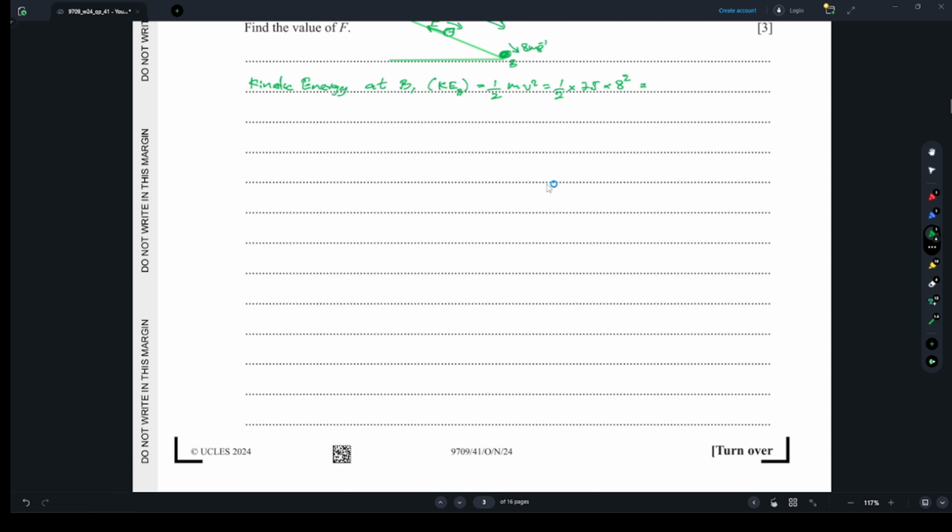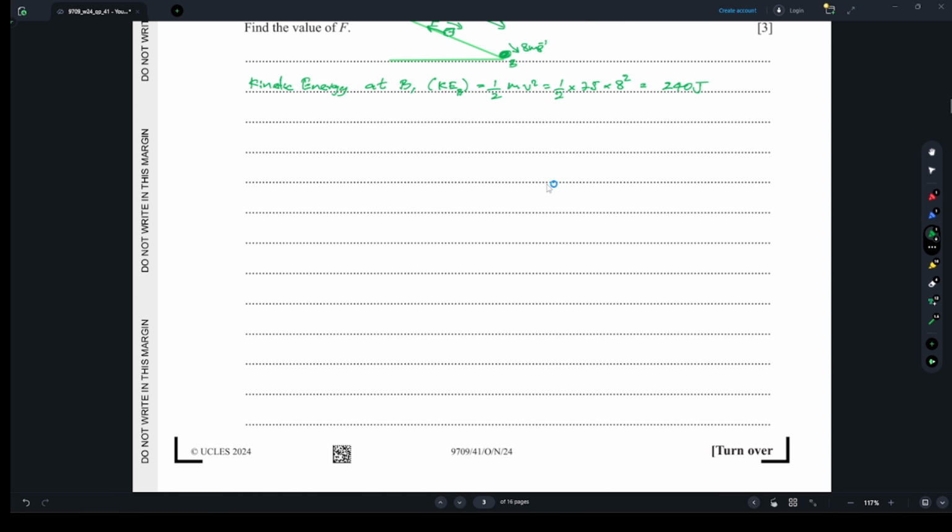By using the calculator you can find the answer here. So it is 240 joules. Okay, and then we can find the decrease in potential energy.